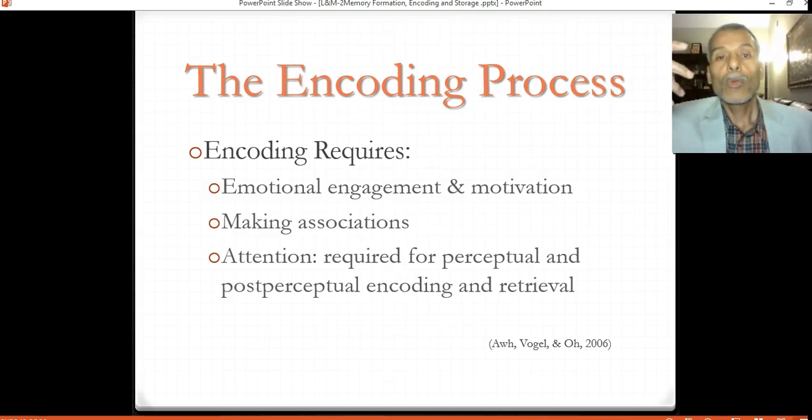Encoding or taking in new information also requires the ability to make associations. For example, you receive a set of numbers. That is your social security number. How do you make sure that it goes in? So you might associate this number with this date, or this number with something you already know.